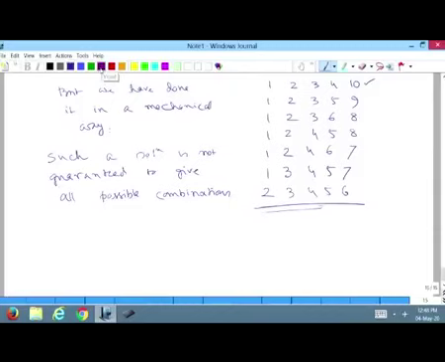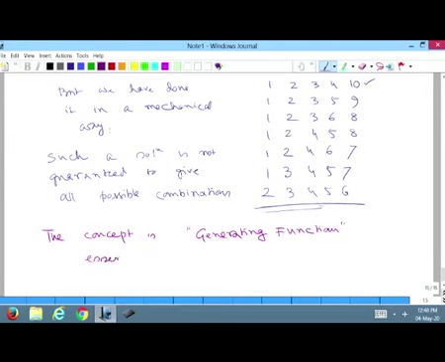The underlying concept is generating function, which is essentially a power series which may be finite or infinite.